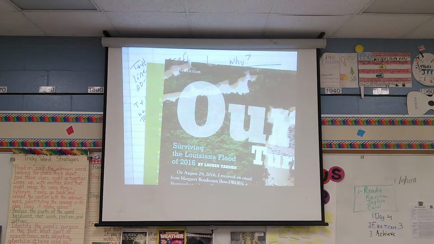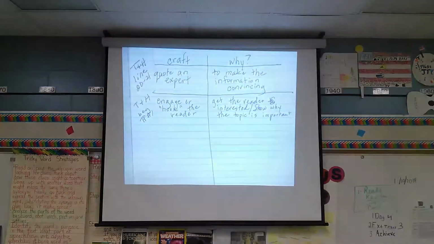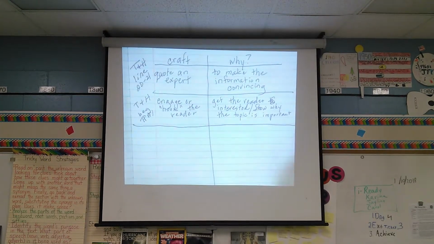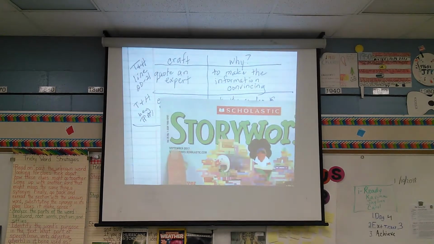Together, what you're going to do with your partner is read the article and look for other types of nonfiction author's craft that the author is using. You're going to continue to write that author's craft down, and obviously when you get over here, you're going to put the issue of the Storyworks, and see, this is where you get it, September 2017.